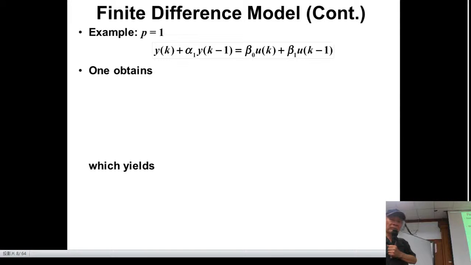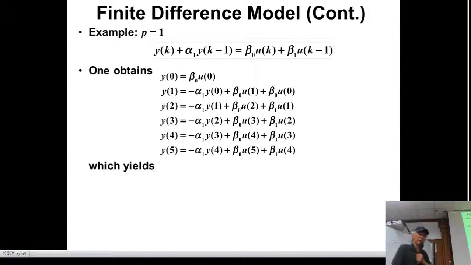Then one obtains y0 equal to beta 0 u0. And then y1 equal to minus alpha 1 y0 plus beta 0 u1 plus beta 1 u0. Oh, that's wrong earlier, this is supposed to be beta 0 here, not beta 1.